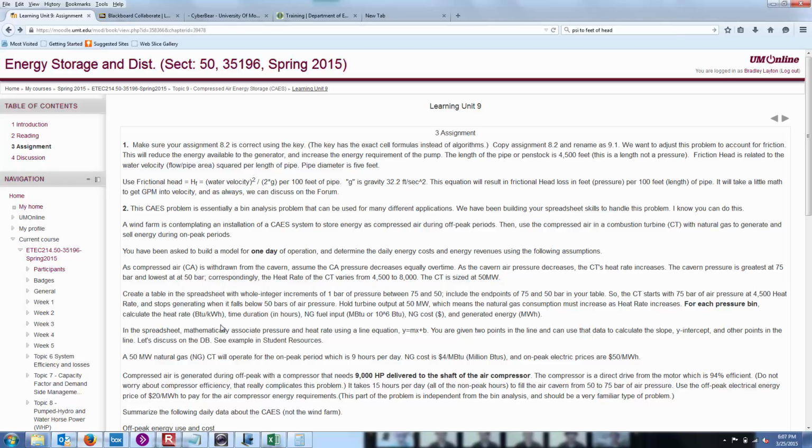I love this problem. As the cavern air pressure decreases, the CT's heat rate increases, which is a bad thing, right? Less pressure and more heat rate means opposite efficiency.